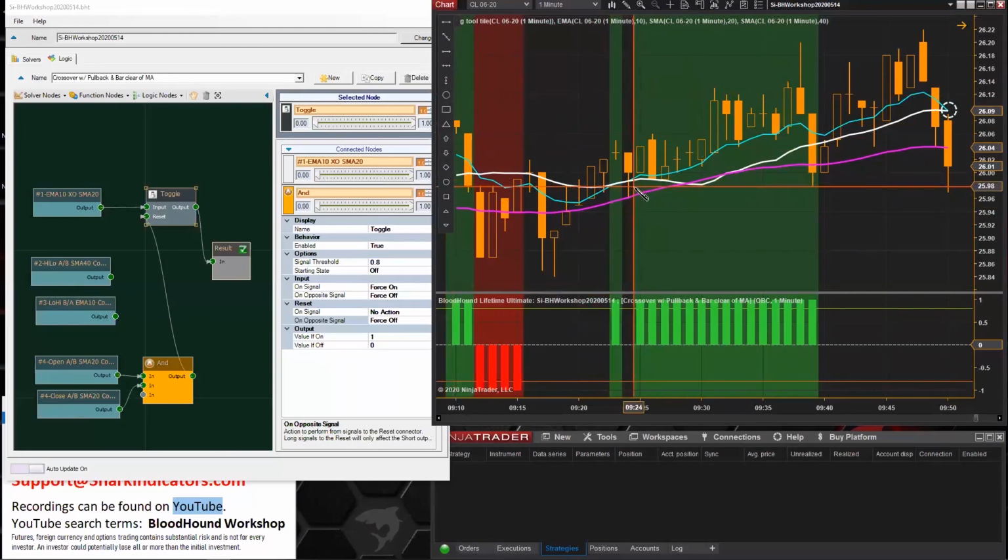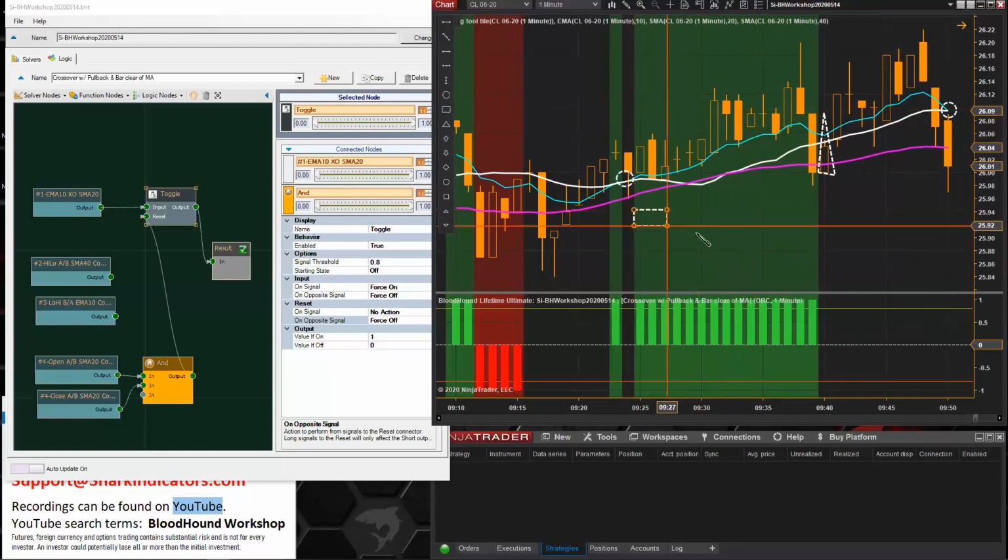We had the moving averages cross right there. But then this bar right here, its open and its close is below the white moving average, below our SMA 20. And so that turned the toggle node off.